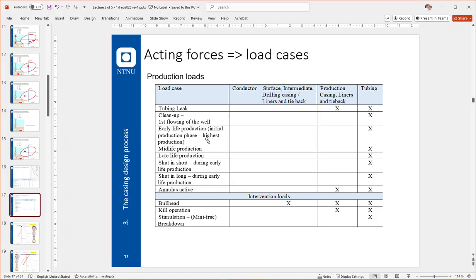And I will repeat, it sounds very extensive and exhaustive, but it is the list that you see here on the previous slide and this slide, the drilling loads, and now we're going through the production loads. It all boils down to these ones.